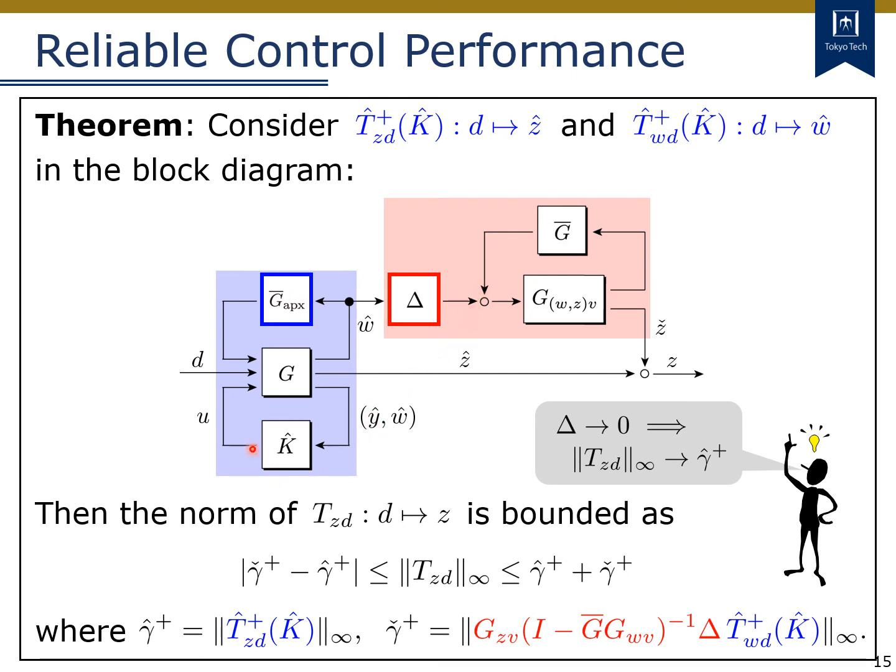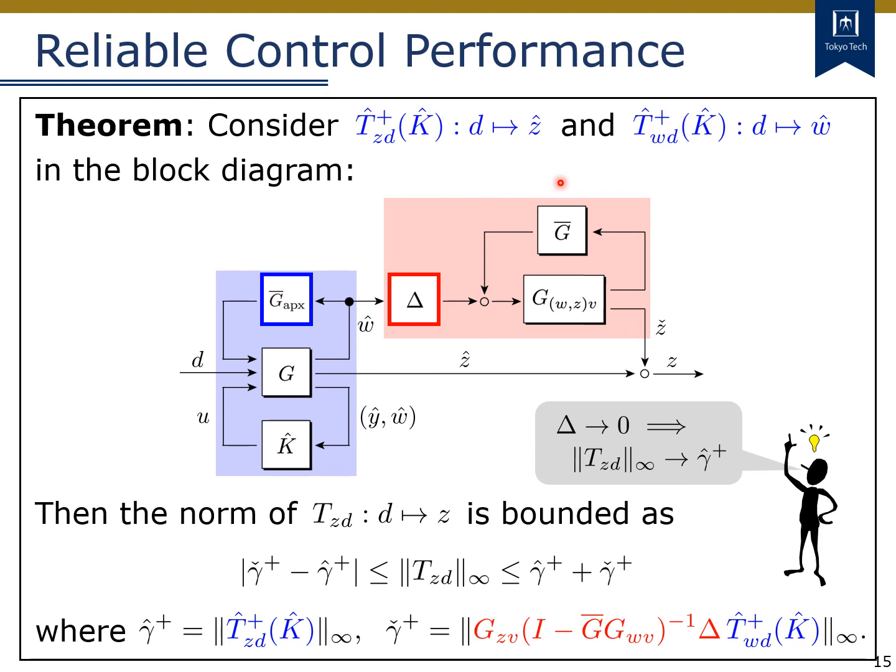Here, this controller K hat is a stabilizing controller for the feedback of G and G bar APX, where the approximate environment model is used. Also, the modeling error delta appears at the front of this red downstream system.